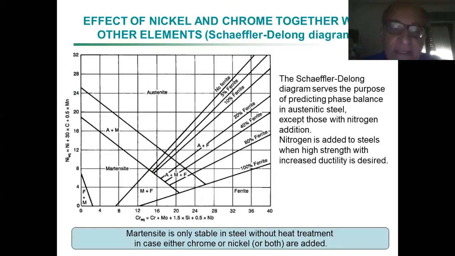So we can say where ferrite starts, and when ferrite has completely taken the place of austenite, when we have 100% ferrite. On the X and Y axes, we have the chromium equivalent and the nickel equivalent.